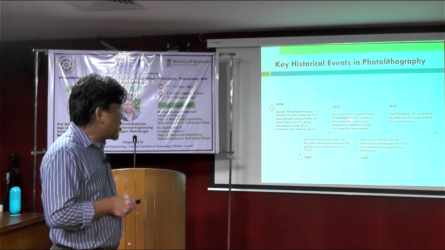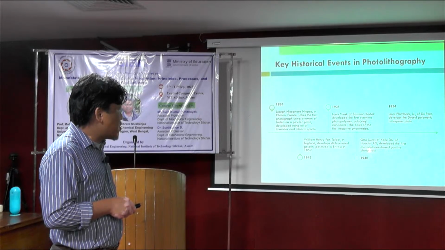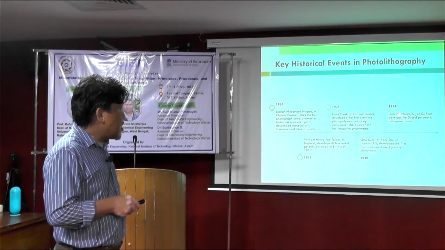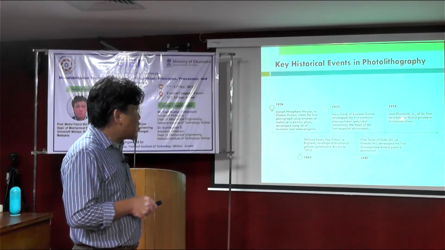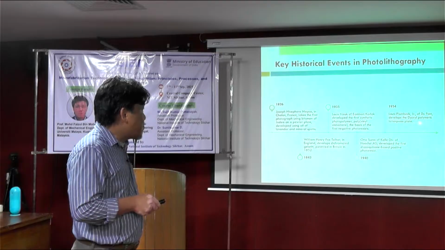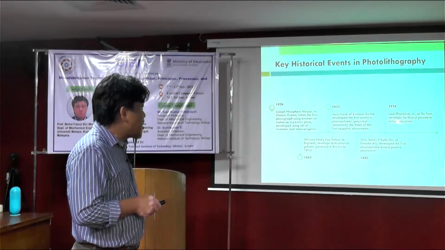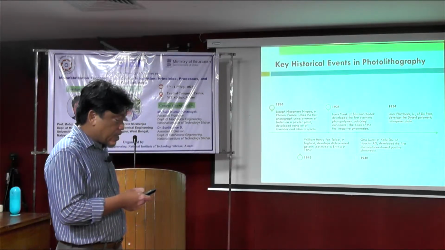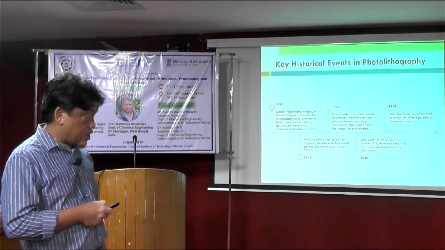So this is negative photoresist, this is positive photoresist in 1940. Then in 1954, Louis Plambeck Jr. of DuPont developed the dycryl polymeric letterpress plate. So this is kind of the beginning of the photoresist.